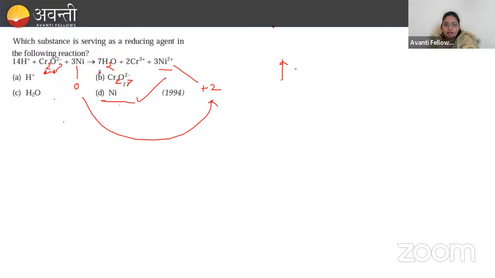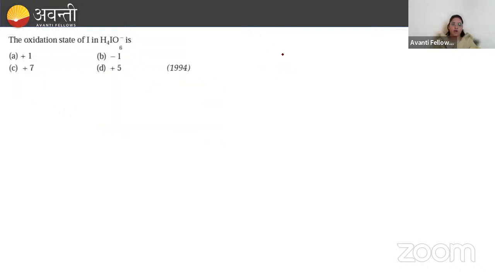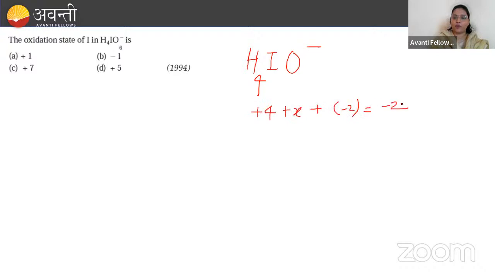Yes. Next problem. Tell me the oxidation state of iodine in H4IO4 minus. What is the oxidation state of iodine? Four hydrogens give +4. Write X for iodine, -2 for oxygen, and the overall charge on the molecule is -1. So here X minus... X plus 2 is equal to -1.